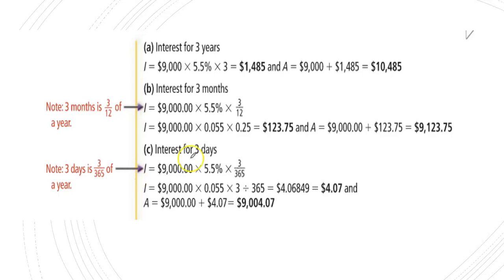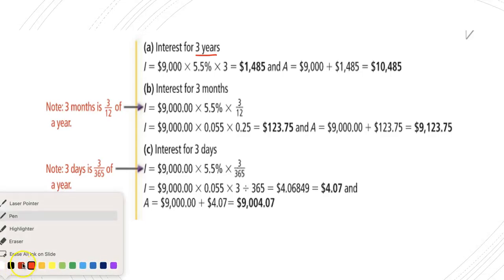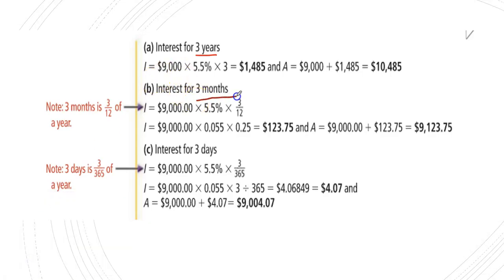So on your notes you have this example, okay, and this is years, this is months, and here's days. If you don't know what to do, you're going to look back here and see what they did. So for years they did 9,000 times 5.5 times 3, just 3, and you get the interest.